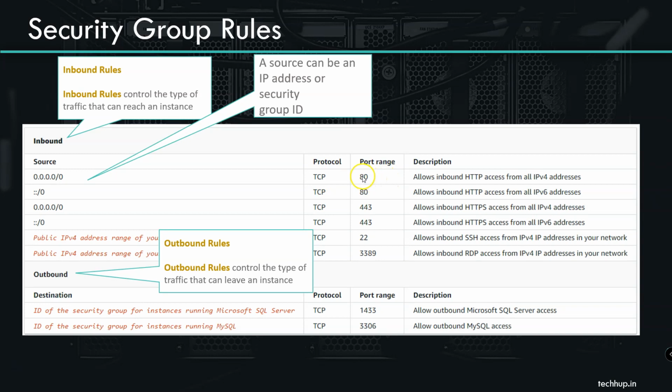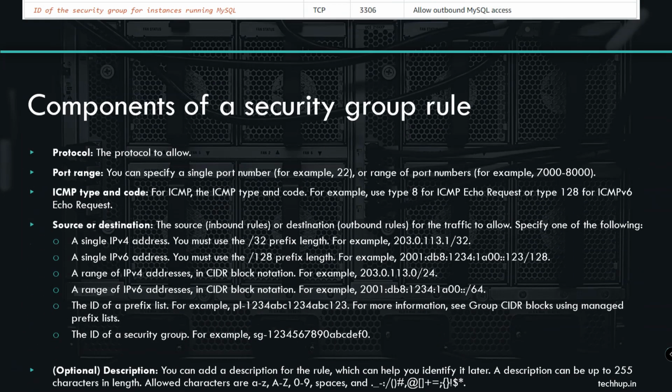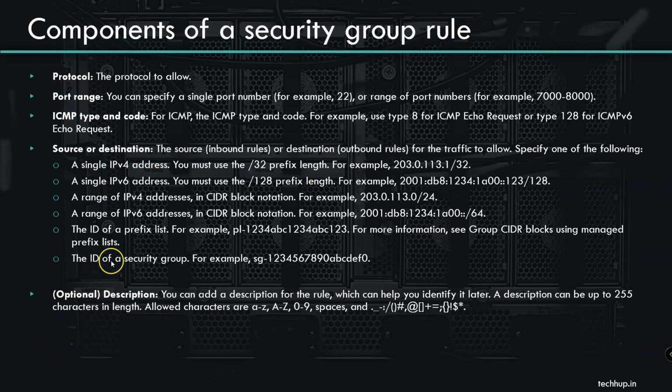And then, as discussed, we can define the ID of a security group in the source or destination. Also in the source or destination, we can define a single IPv4 address or IPv6 address, or a range of IPv4 addresses denoted by a CIDR block notation like this.